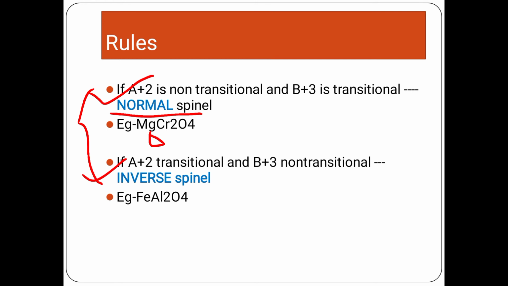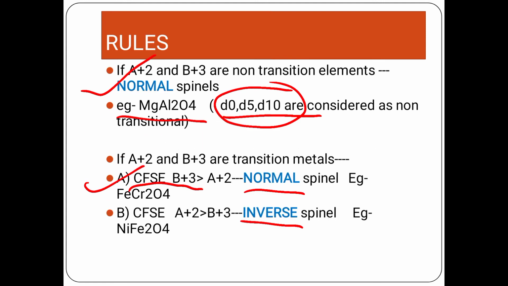Fine. So basically, in short, you just have three rules. First case, when both are non-transitional elements, you call it normal spinel. When both the elements are transitional, you look for the CFSE. If the CFSE of B plus 3 is greater, you call it normal spinel.